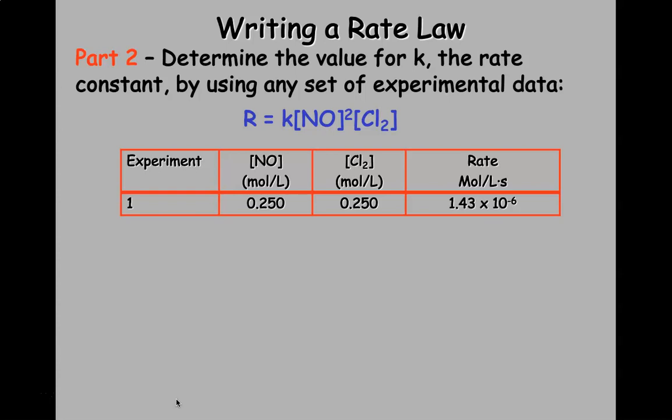Now, determining the value for K in your rate law is pretty simple. I gave you 4 experiments. Theoretically, you can choose any of the 4 experiments, plug the data in, and solve for K. For this example, I'm just going to choose experiment 1. Now, one thing to note here: the rate constant can have different units.